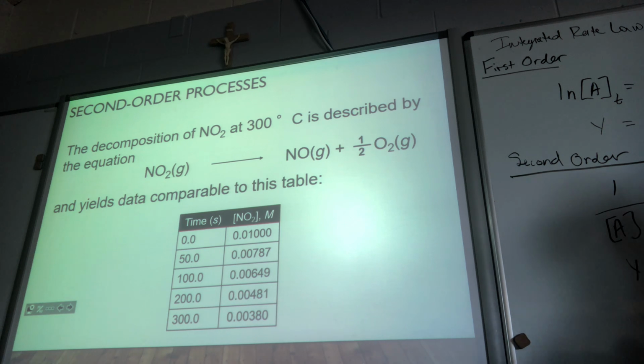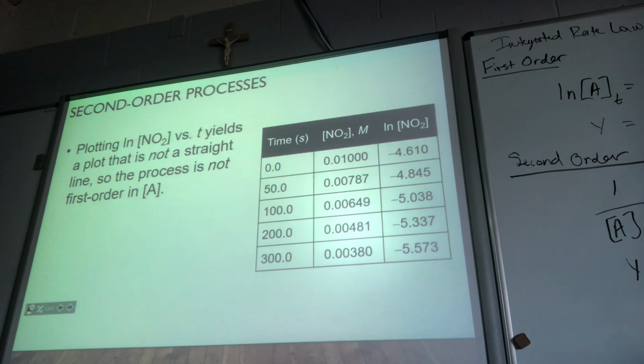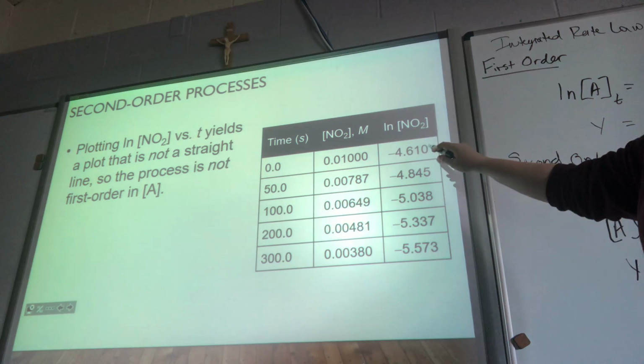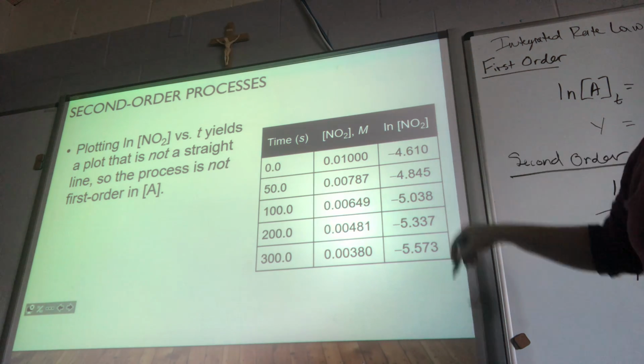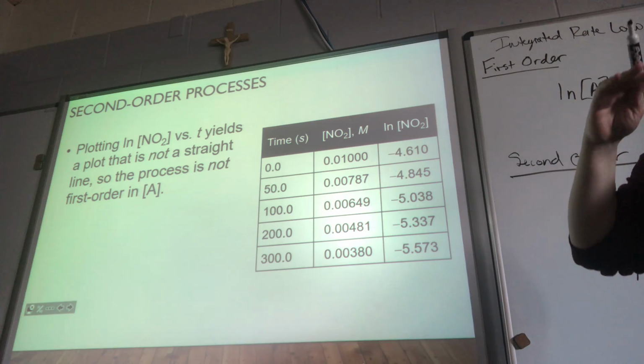Okay? Our example for our second order, I apologize, is a given set of data, right? And we're going to go over this in Excel in a very deep way, in a lot of ways. If we go through this particular set of data, we take the natural log of it, so that we can graph it. The thing that we would try to produce is a graph that produces a straight line, right?